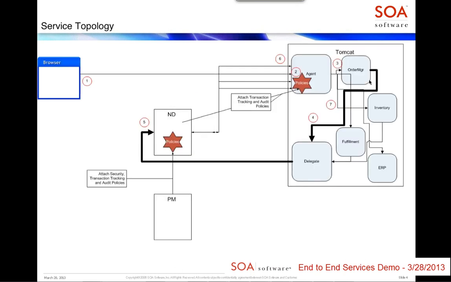So going forward then, what we actually have is, number one, the application running off a browser, which calls a servlet that's actually running in Tomcat, and that servlet has been bound to a delegate.